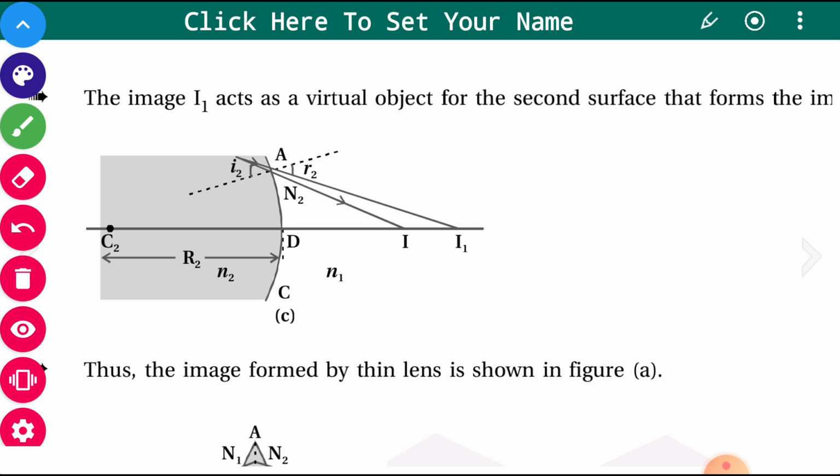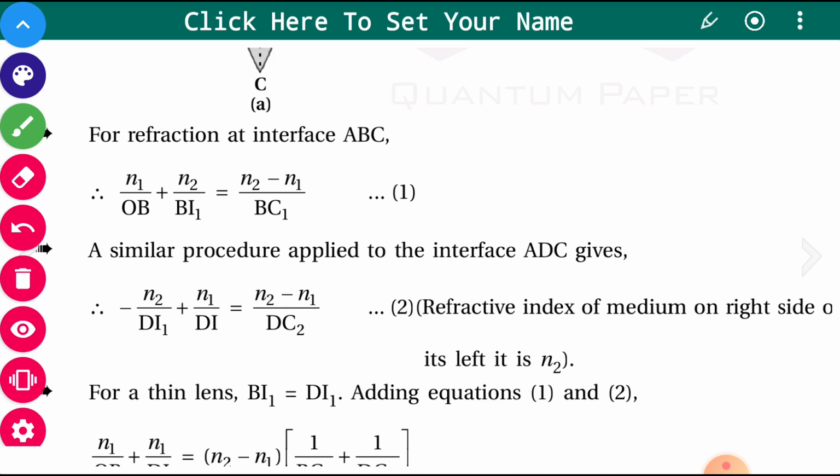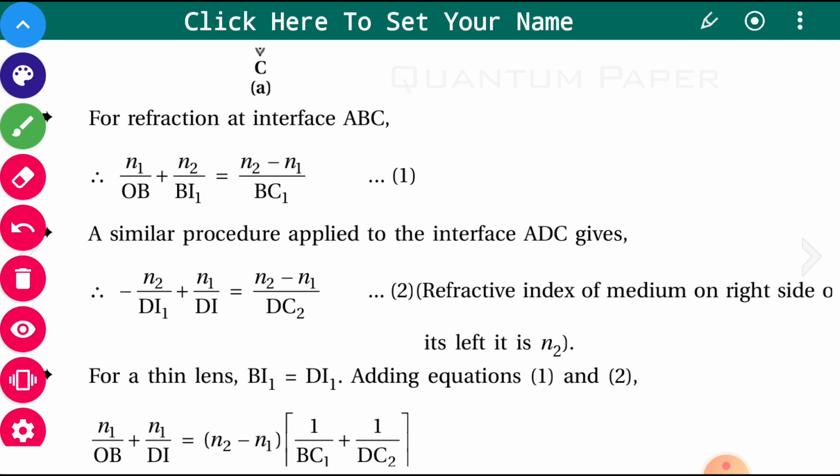So we write the formula as here it is taken, minus n2 upon dI1. Try to understand why minus, because it is there in the formula, and the rays are moving from denser medium to rarer medium, therefore we have taken n2 first.